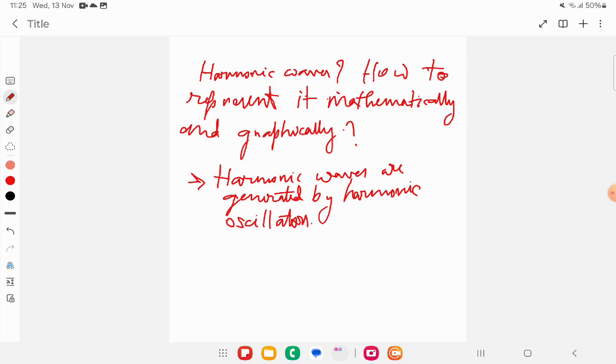Acceleration is directly proportional to displacement and is negatively directed.